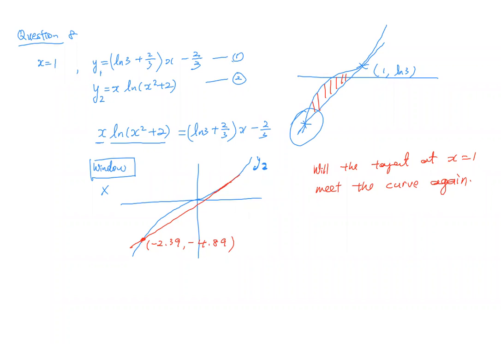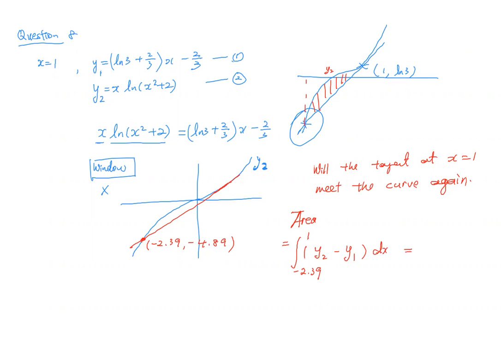So you want to find the red area. You go to your calculator. From negative 2.39, you integrate until 1. The top curve is your y2, so you just put y2 minus y1, then dx. Then you get the answer.